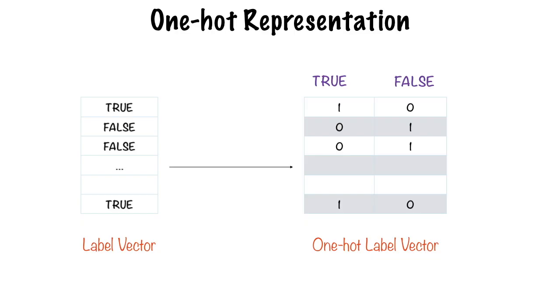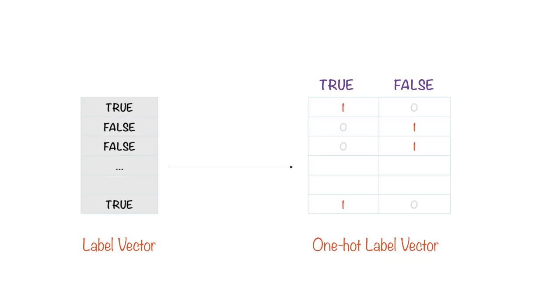Effectively, we would now have columns which correspond to each possible value of the label. Here, there are two possible values, true and false, and so we have two columns. Every label in our label vector would now have 1 in exactly one of those columns. That column is known as the one hot value, and it would have zeros in all of the other columns.